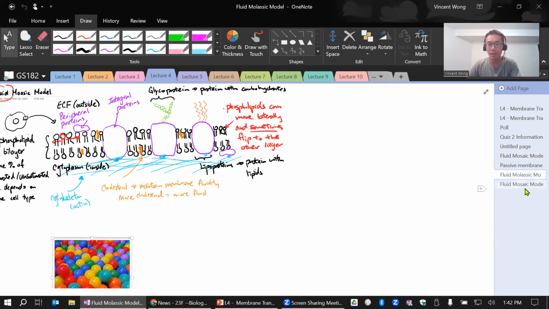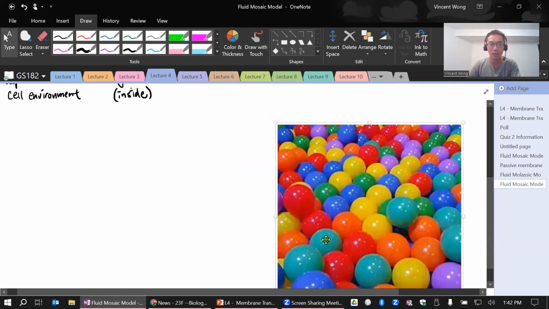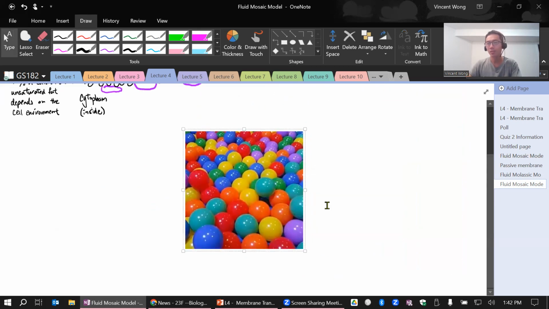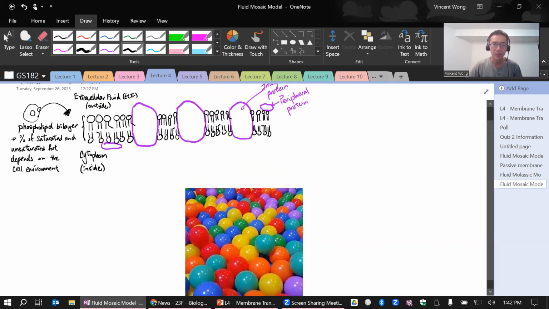You have a ball pool, pit balls. It's like you fill up a bathtub with water and then you dump a bunch of pit balls in it. That's like a hydrophilic head. They're just covering the entire bathtub, right? So that's the situation here.